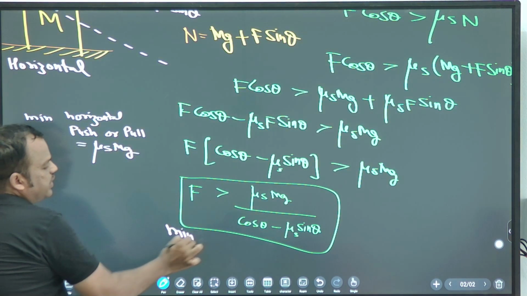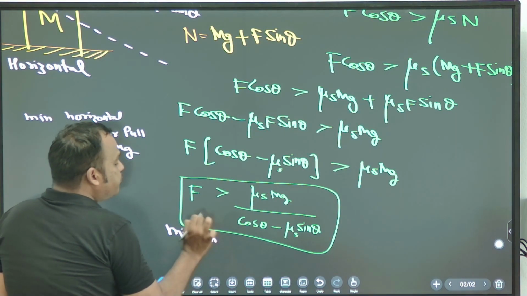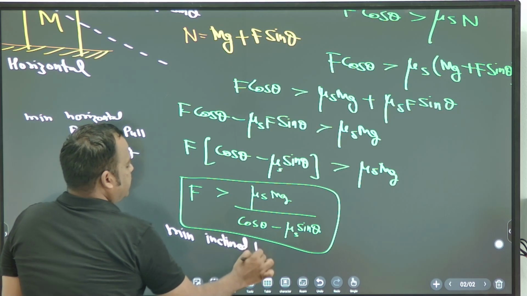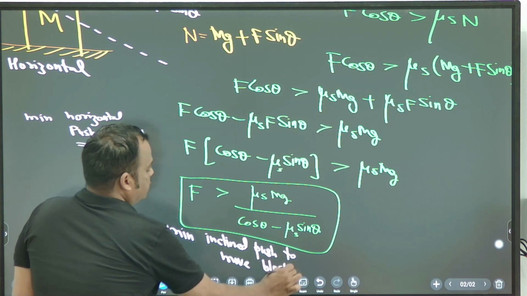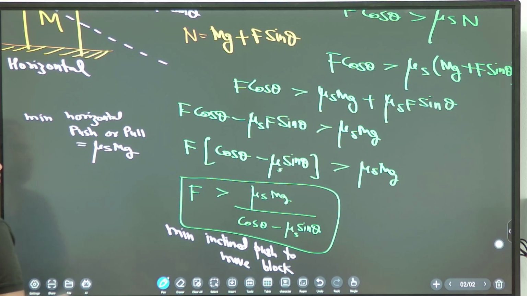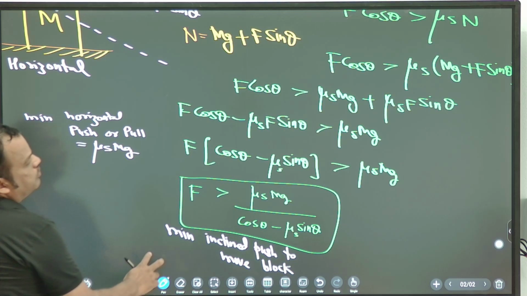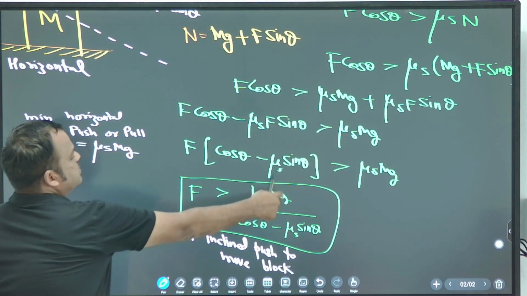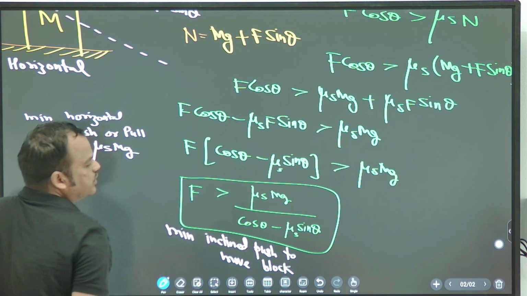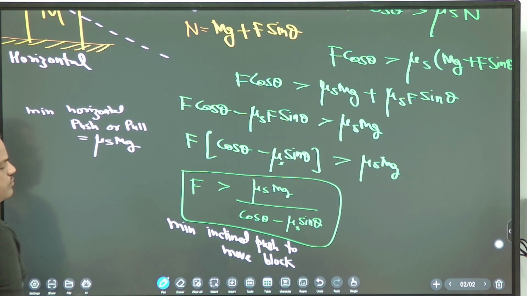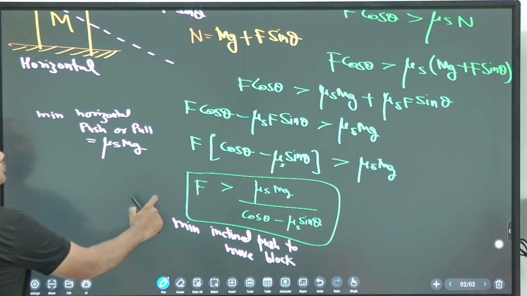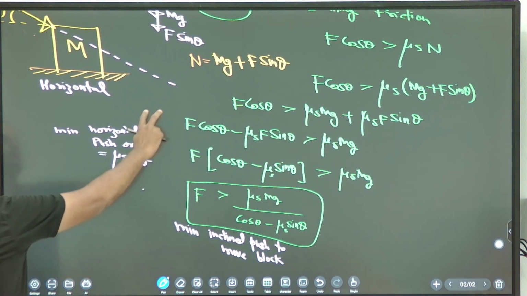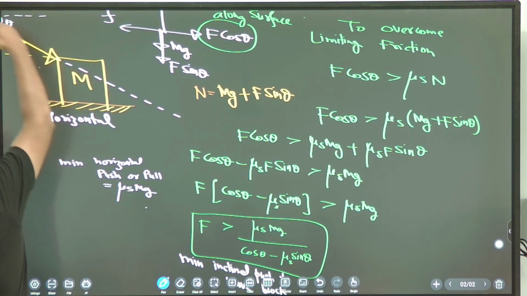And this is the minimum inclined push to move the block: mu s mg by cos theta minus mu sin theta. Okay, clear? Okay, copied. So this is known as inclined push.